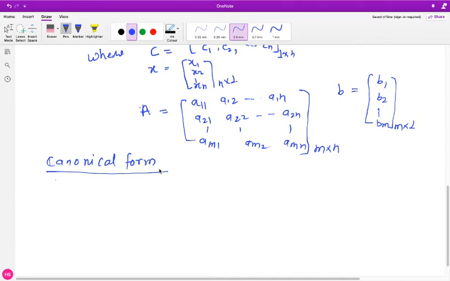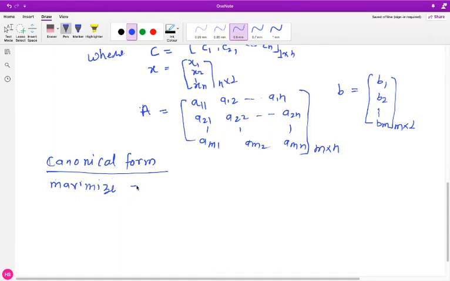In canonical form, your objective is always going to be maximize. So, there will be only maximization problems in canonical form, there will not be any minimization. If any minimization problem is given to us, then we can convert that minimization problem into a maximization problem.